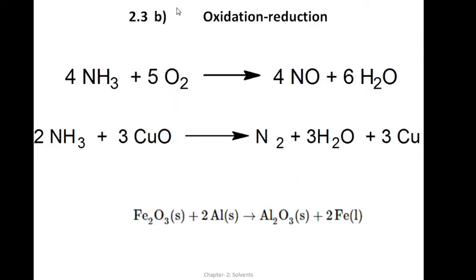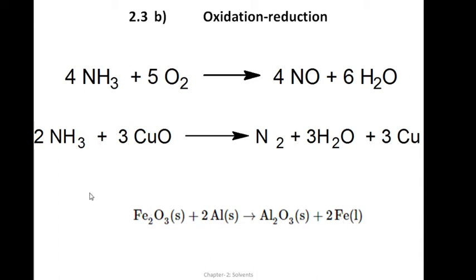Next, we have a redox reaction. Check this particular reaction. Fe2O3 plus aluminium gives rise to Al2O3 and Fe in the liquid form. Aluminium gets oxidized and iron gets reduced.